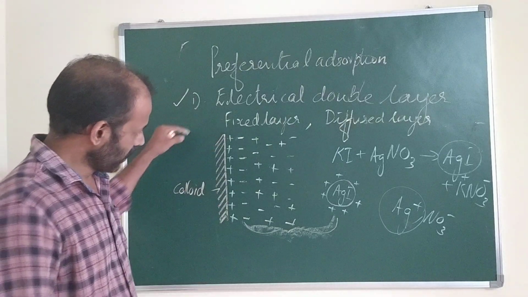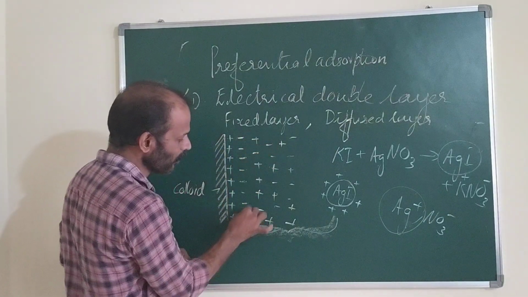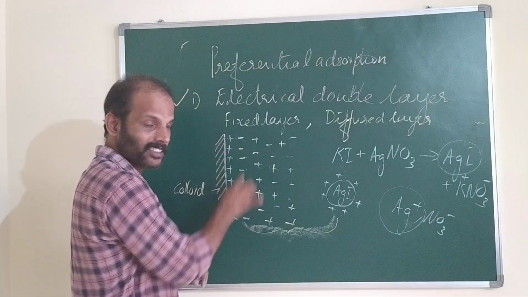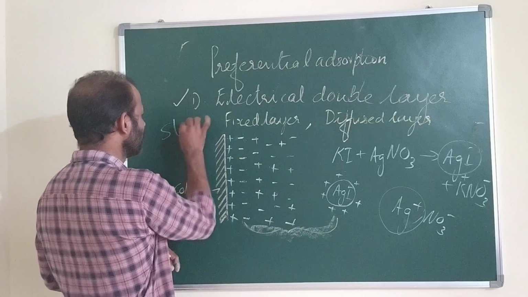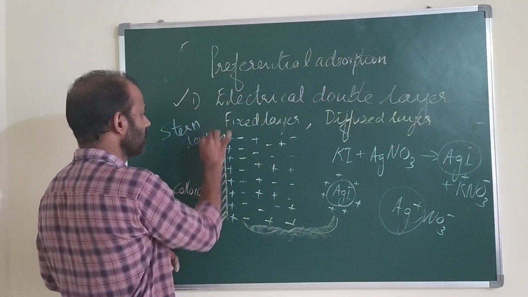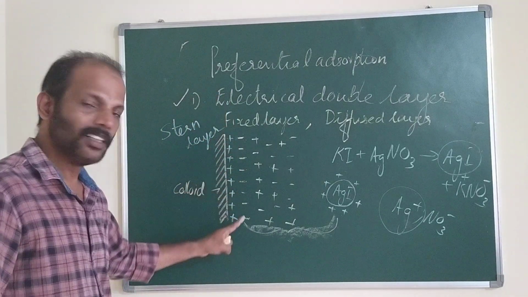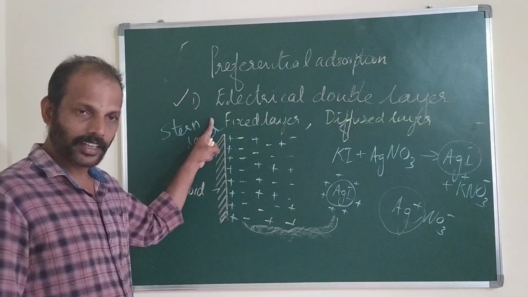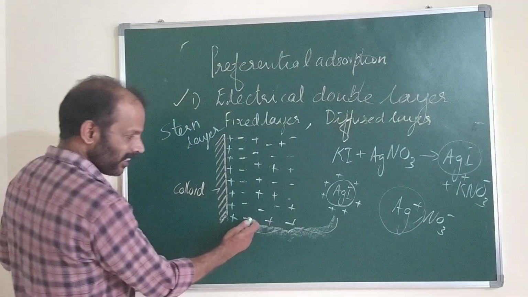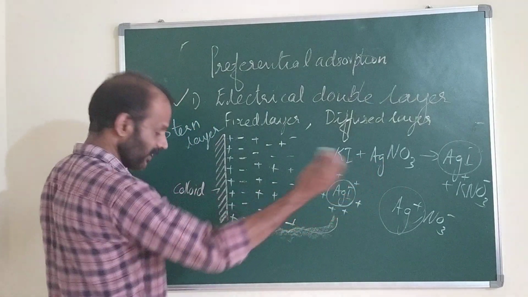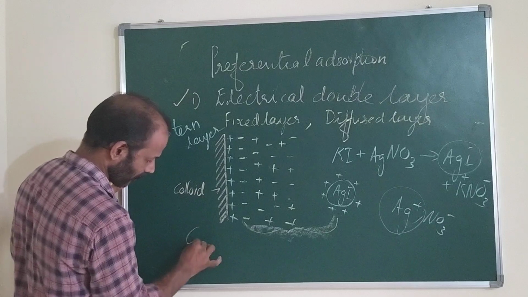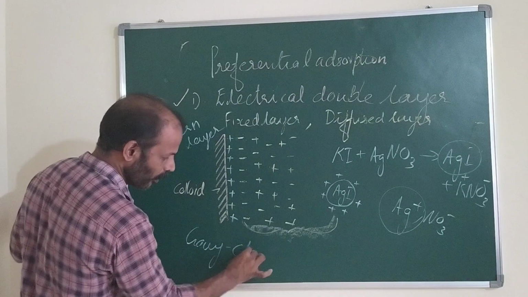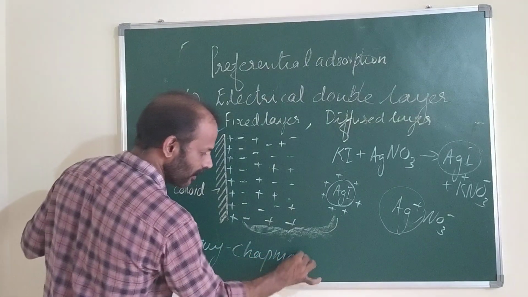The layer just immediate to the first layer is known as the Stern layer. And the diffuse layer is known as the Gouy-Chapman layer.